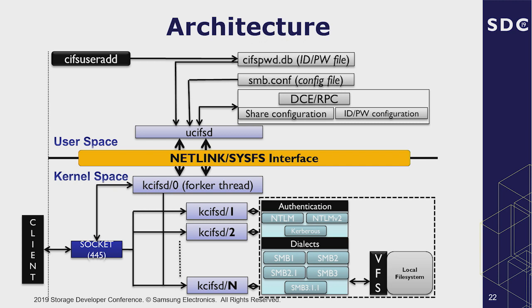If a new connection comes in, the focus thread will fork a new KCIFSD1 case thread for the connection. The KCIFSD1 thread will receive the SMB request and send the SMB response until the client connection is terminated.